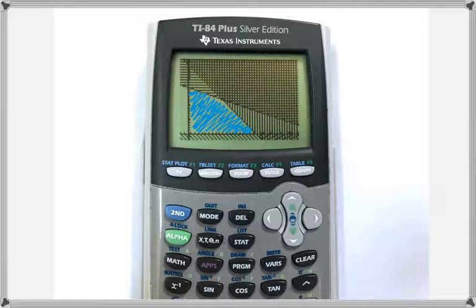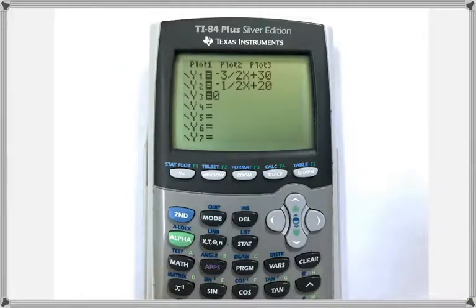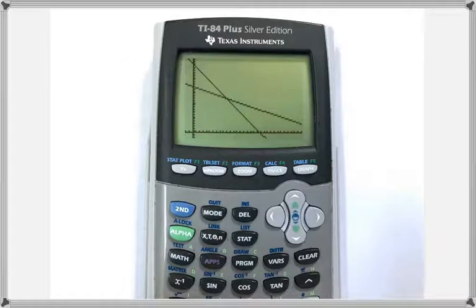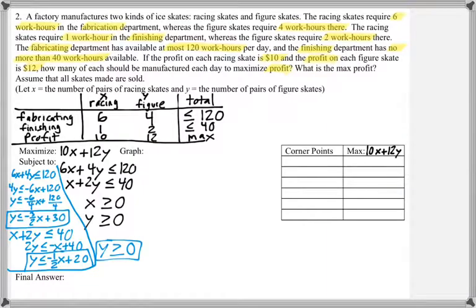So now I'm ready to get rid of my shading on the calculator so that I can find my intersection points. So I'm going to change all of these back to lines and then regraph it. And before I find my intersection points, I want to graph the picture on my paper.